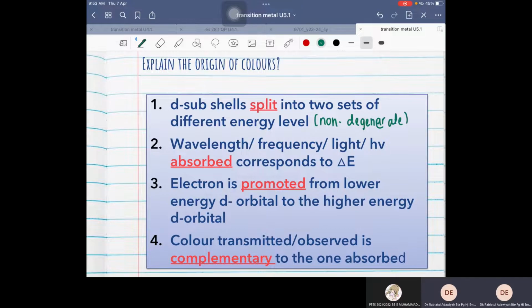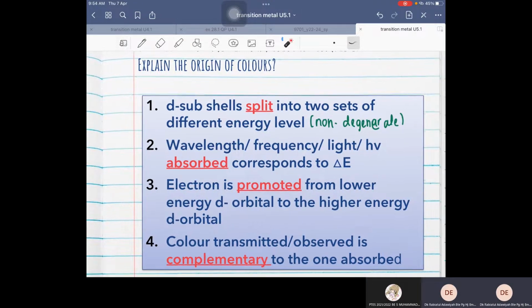And the color we see is the complementary to the light that is being absorbed. All the things that we have covered from yesterday, just to explain the origin of colors. Okay? So you can copy this down.